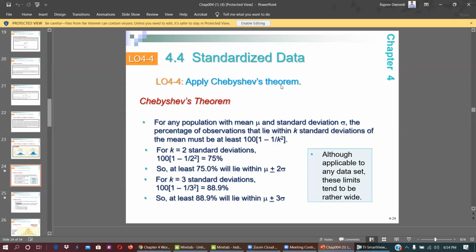So this is an important theorem, Chebyshev theorem, whether I'm able to pronounce properly or not.